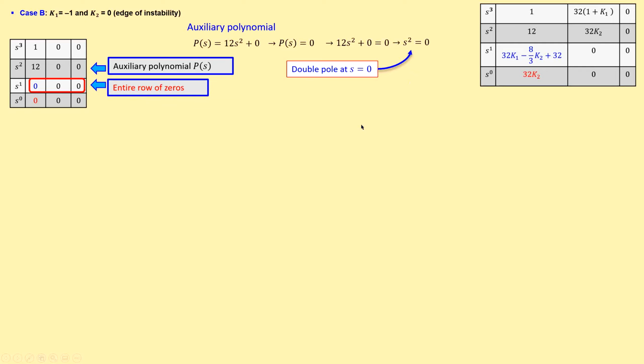If you have a double pole at the origin, you have actually a double integrator. And if you apply a step input to a pure integrator, which is now a double integrator, you will have an unstable system that will blow up in a linear fashion, but it will never come to a constant value.